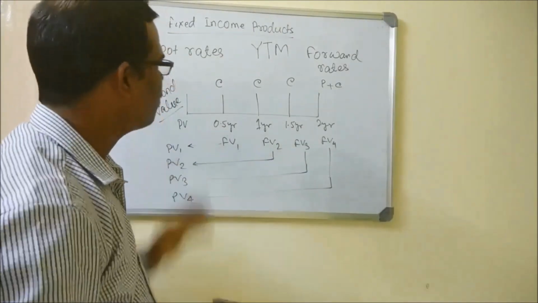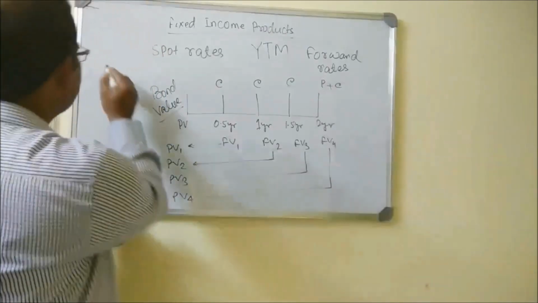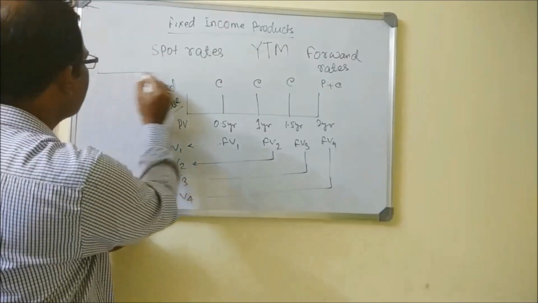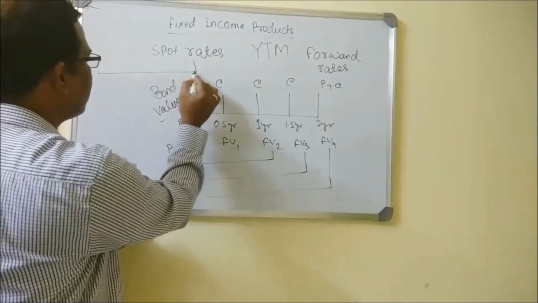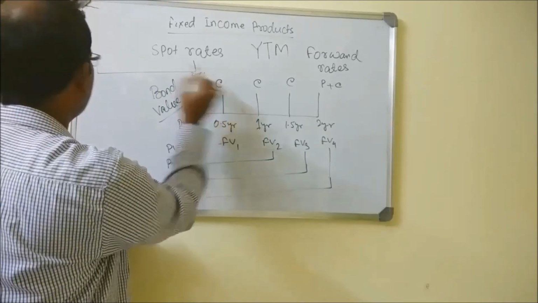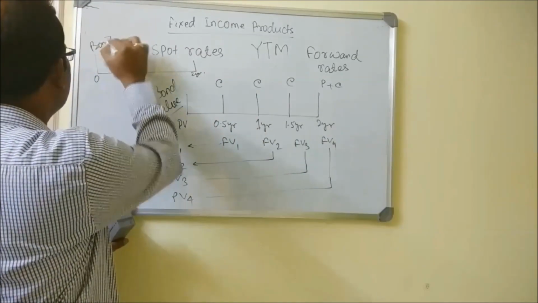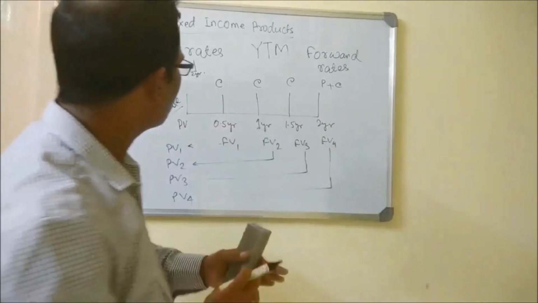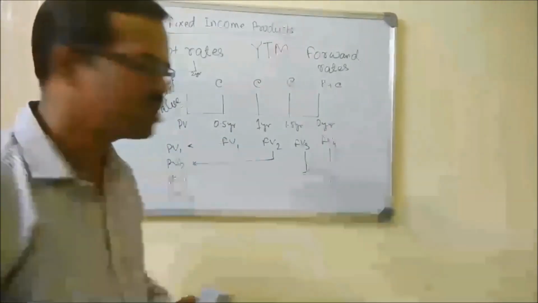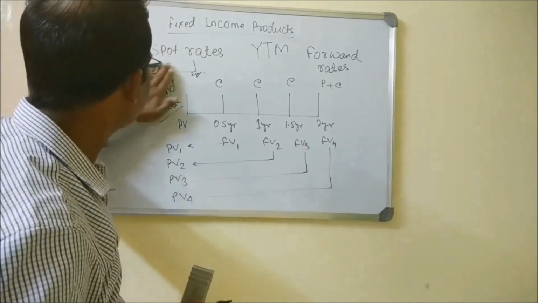Just take that example of the zero coupon bond, where I was paying here and was not getting any interest till the maturity, right? So we invested the bond value here, but we are not getting anything. Now here at least you are getting the coupon payment. So where is the risk higher? Obviously the risk is higher here because you are not getting any payment.